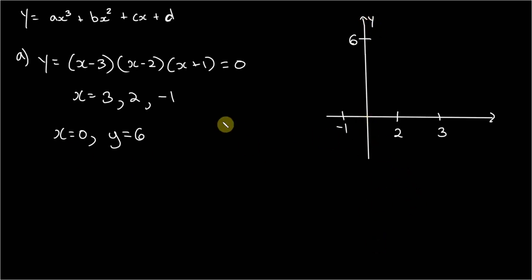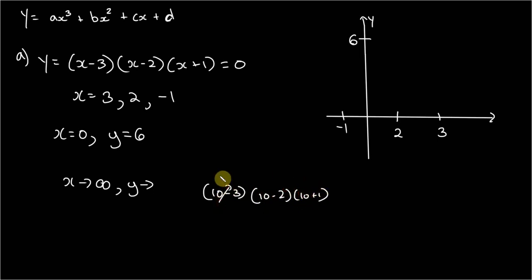So what we want to do again is see what happens to y for very large positive and negative values of x. In other words, when x approaches infinity, y tends to, and really we can just use something reasonable in this case, say 10. So we'll just set all x values to 10 and see what happens. So we have (10 minus 3), (10 minus 2) times (10 plus 1).